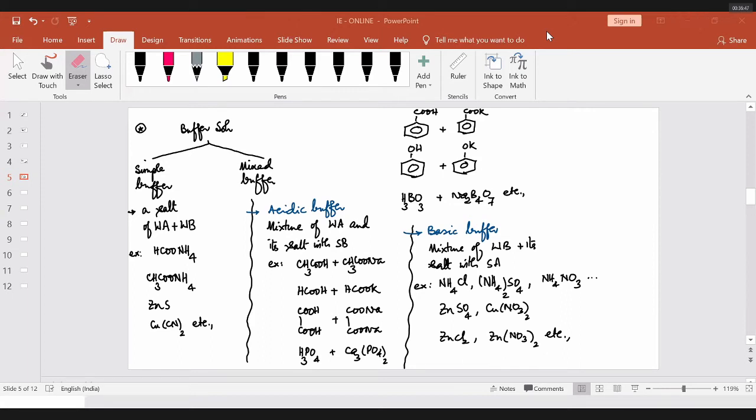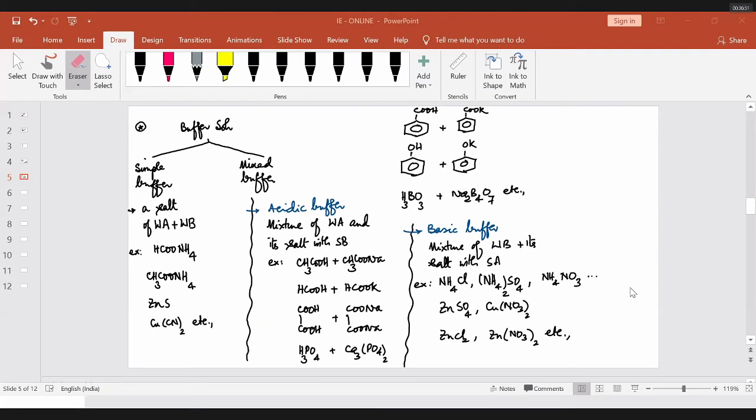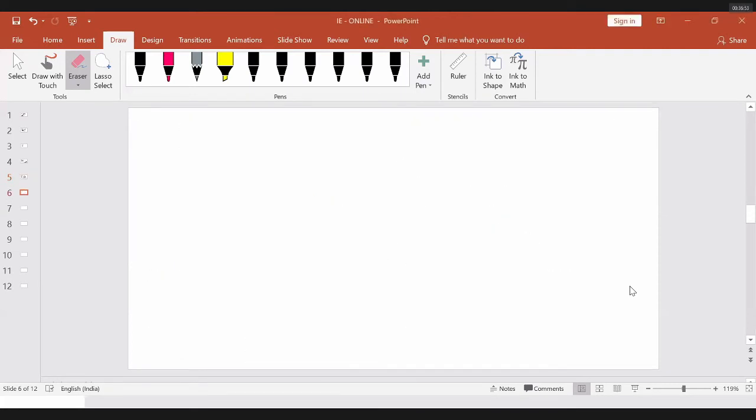Fine. Once you complete this, our main discussion is, sir, why is this solution not changing its pH value? To answer that and to understand, go back to the first slide and what we said there: why there is a change in pH value of water, why there is a change in pH value of sodium chloride solution, right? I have given some answer in that discussion.